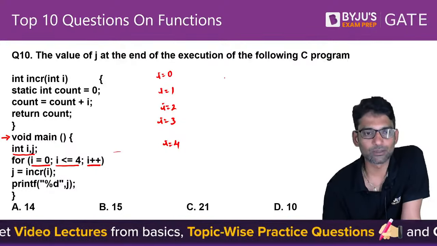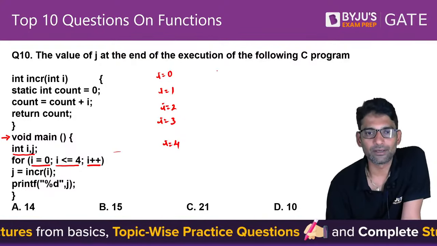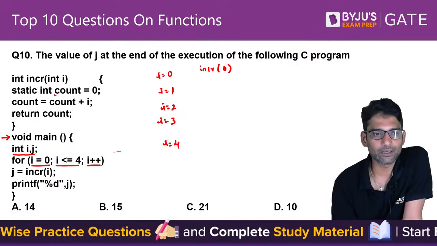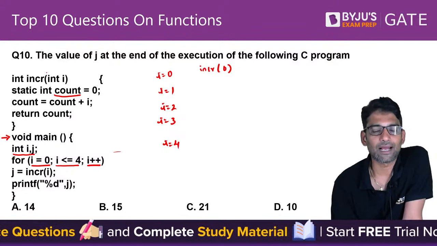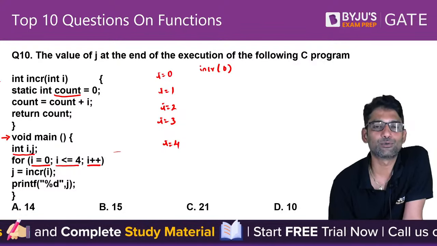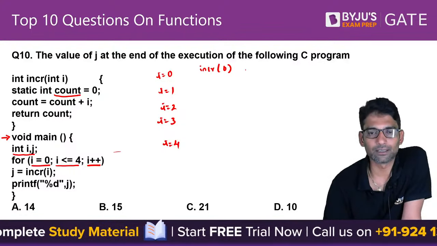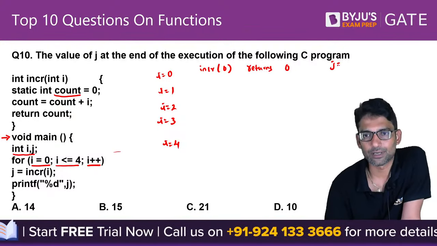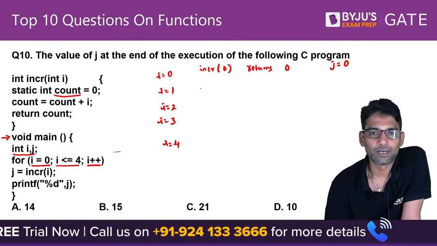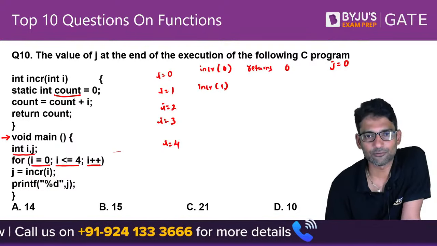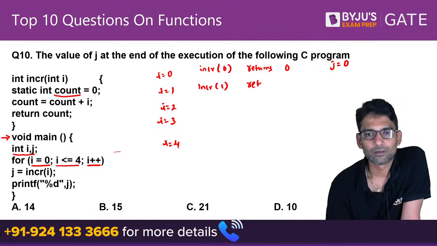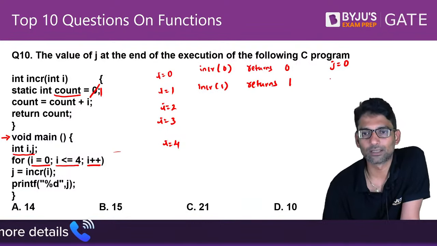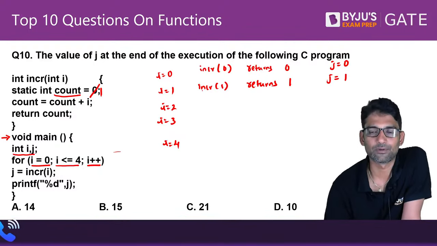When i is equal to 0, increment of 0 would be, there is a static variable count that adds the i value to the count and returns count. So it returns 0, hence j value would be 0. And when i is 1, increment of 1 adds 0 plus 1, so 1, so j will be 1.